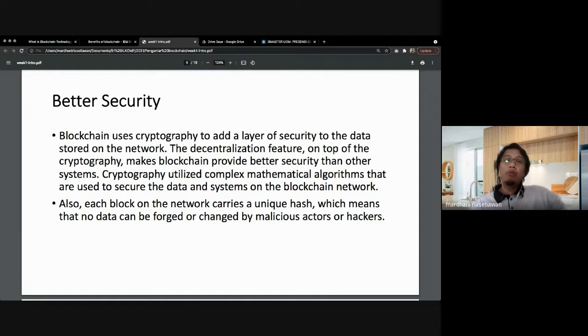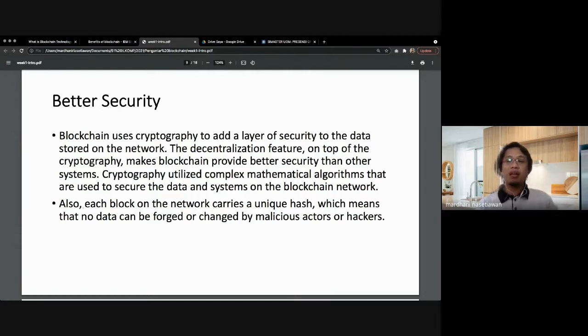Of course, the cryptography is not common; it utilizes complex mathematical algorithms. So it means the data and the system will be more secure, especially with the system security implemented in a decentralized way. So a complex system will emerge, and because the security becomes complex, it makes the system better, I think.